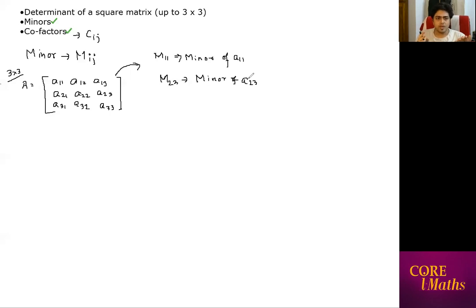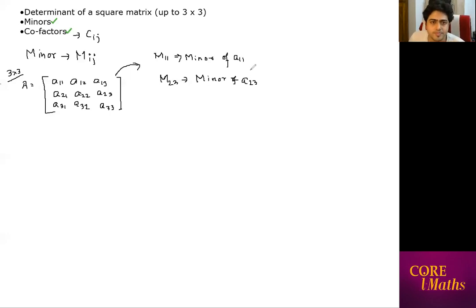So for the 1 1 element, or 2 3 element, or 3 2 element, in every case the order of the minor determinant will always be one less. Here the original matrix has order 3 cross 3, so for every element the minor determinant order will be 2 cross 2.